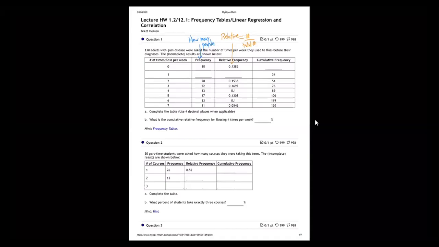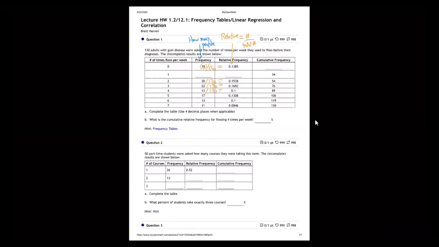So they took 18 and they divided by 130. That's how they got the 0.1385. Same thing here. They took the 20 and they divided by the 130. They took the 22 and they divided by the 130, etc. Is that making good sense? That's how you get relative.